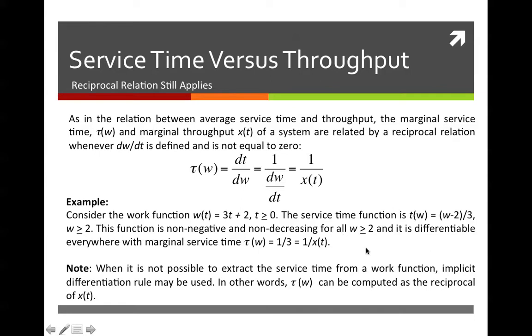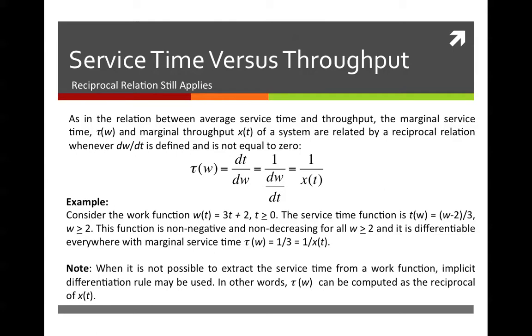And it's also differentiable everywhere with marginal service time of 1 over 3, which is equal to 1 over x(t) from this expression. Because if you take the derivative with respect to time, you get 3, and 1 over 3 is what we then get for the service time, which you could have also gotten directly from this formula by taking the derivative of the right-hand side with respect to w.